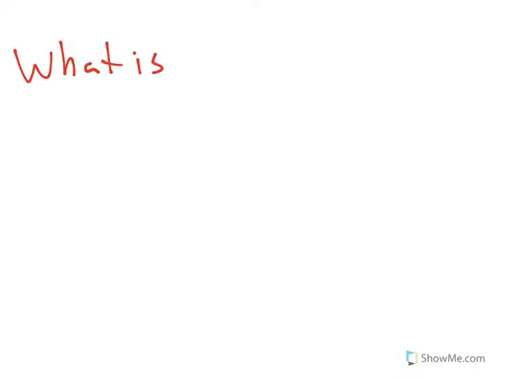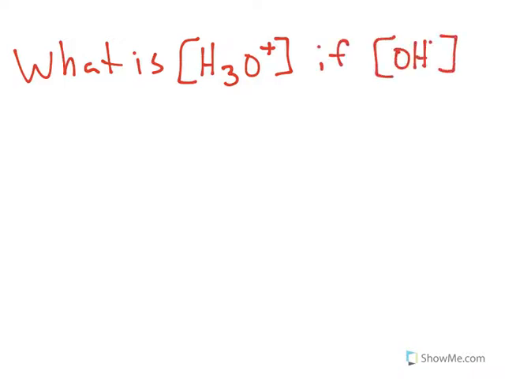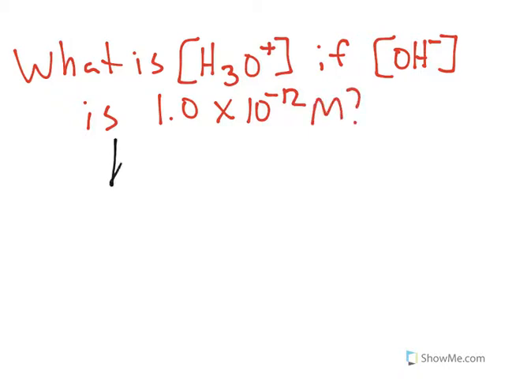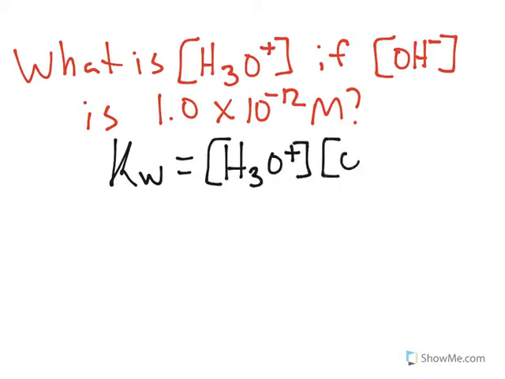what is the hydronium ion concentration if the OH concentration is, let's just say, 1.0 times 10 to the negative 12 molar? Well, again, we know Kw has to equal the hydronium concentration times the hydroxide concentration.